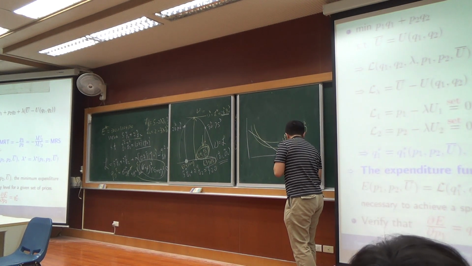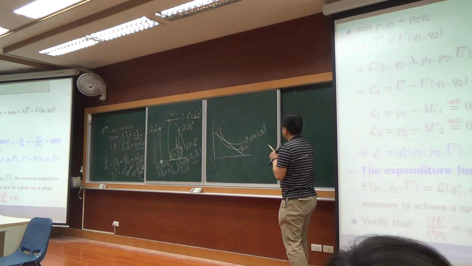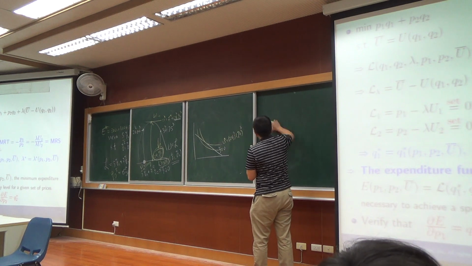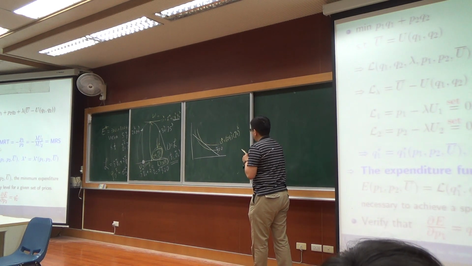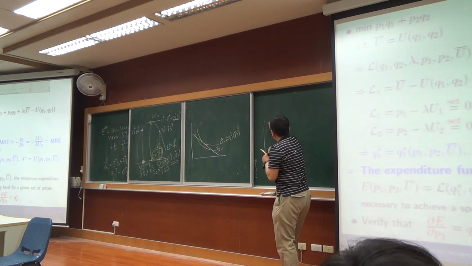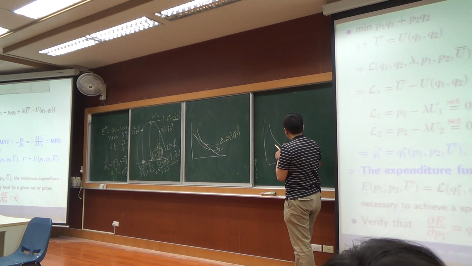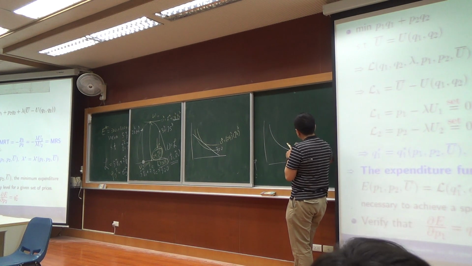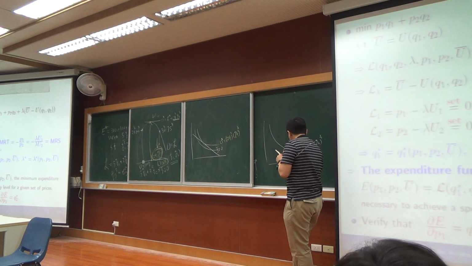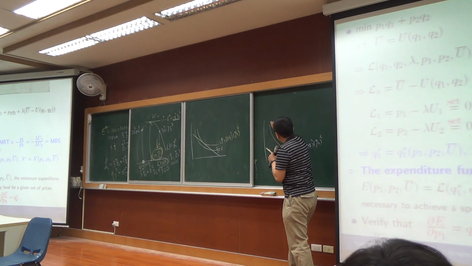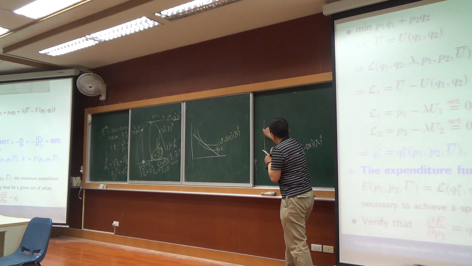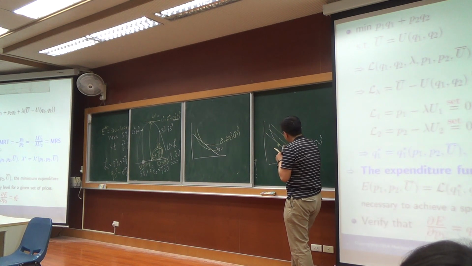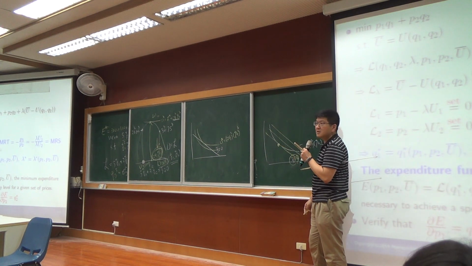Now, I change the problem here, and I give you the requirement 24 to the power of 2, 90 to the power of 3, and I ask you to minimize the expenditure. And you will find the minimized expenditure would be $300.